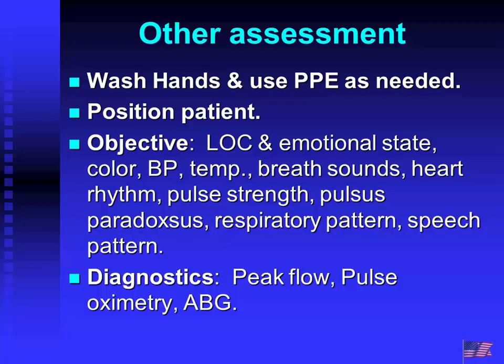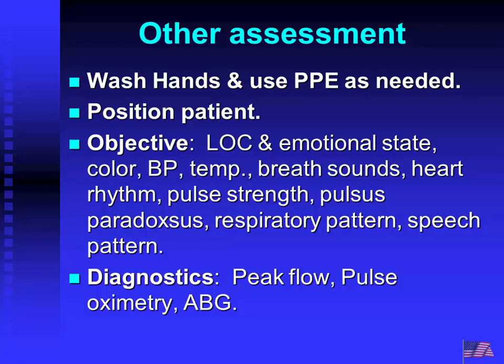Looking at, from an objective standpoint and a subjective standpoint, what are their baseline values, things like level of consciousness, their color, not always blood pressure, not always temp, but certainly breath sounds and heart rate and heart rhythm should be done.